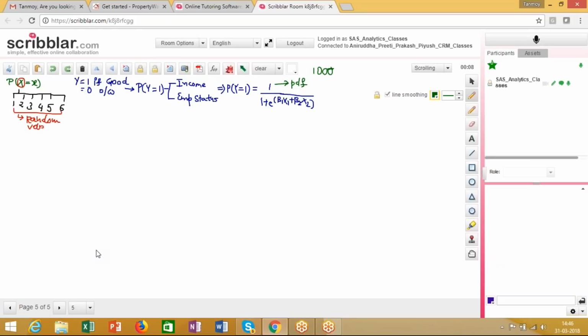So is the difference between these two examples clear? The one that I wrote over here and the one that I just discussed now. Are you clear about when I say that the outcome is continuous versus when I say that the outcomes are discrete?